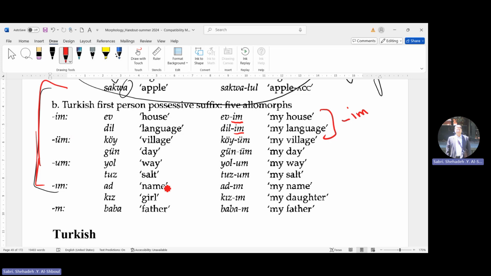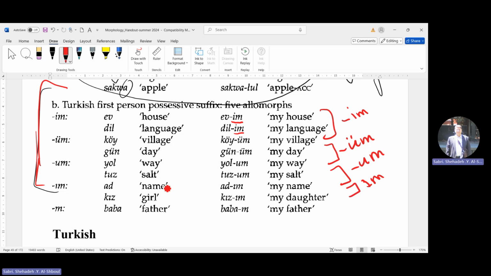Köy, köyüm, my village, gün, günüm, my day. Yol, yolum, my way, tuz, tuzum, my salt. And then we find that we have ad, adım, with ım, short vowel, and kız, kızım with ım.